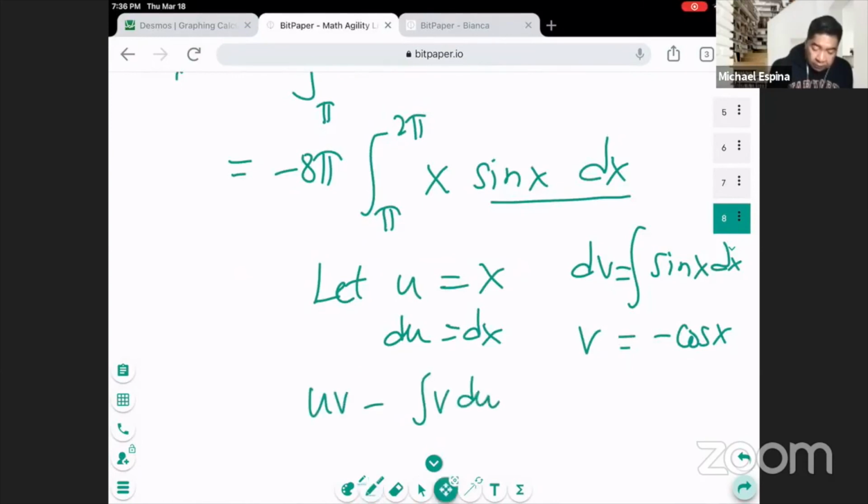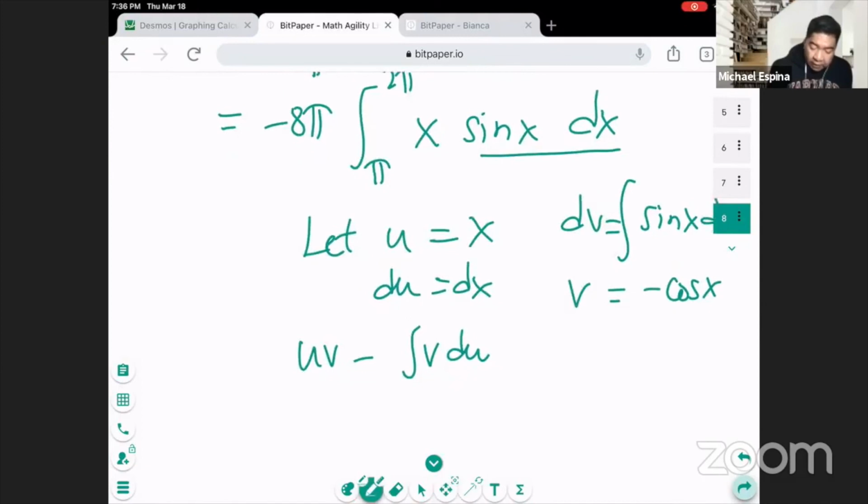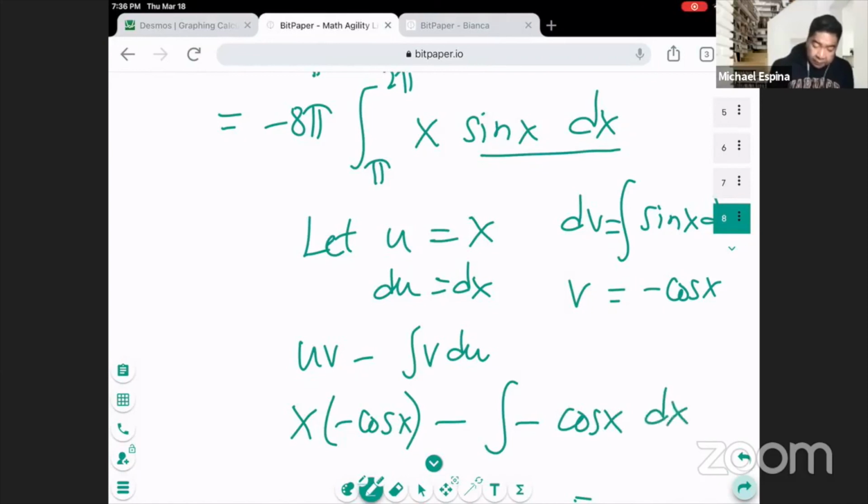So uv is x times negative cosine of x, minus integral of v, negative cosine x, and the du is dx. Right, so we have this, and then the negative 8 pi outside.